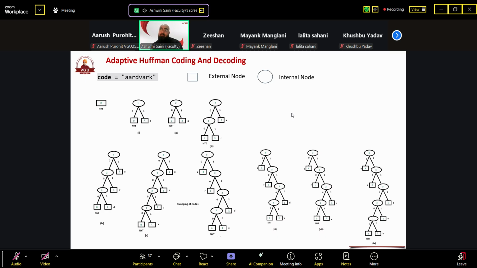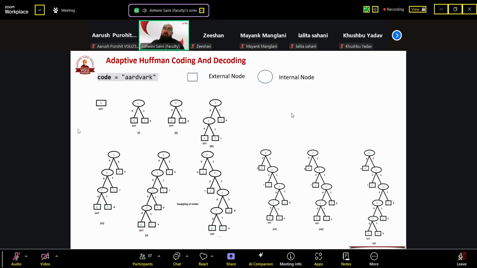Each and every time we get a new symbol or new character, we introduce NYT. NYT means Not Yet Transmitted for that particular symbol. NYT is always on the left side and its weight is always 0.